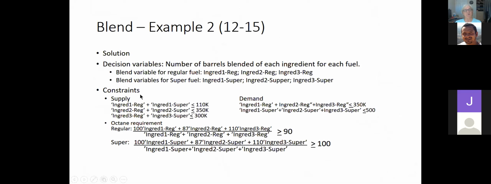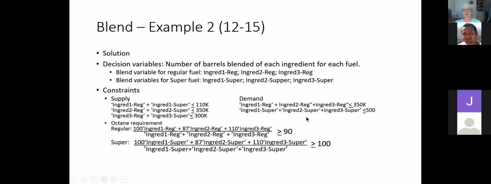You use it for regular gas and super gas, so that sum has to be less than or equal to 110K. This is true for ingredient 2 and ingredient 3. So these are the supplies. These constraints were not in existence at all in the previous question because supply was unlimited. So you didn't have any constraint.